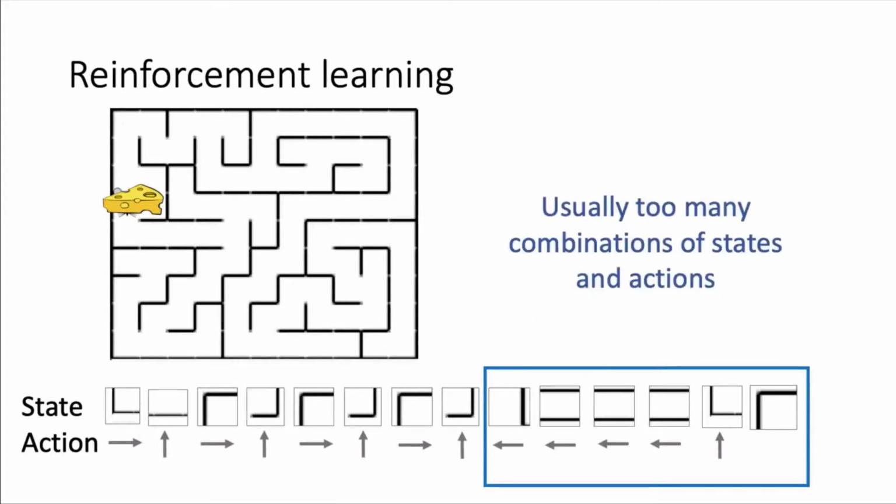However, in reality, the situations where we use reinforcement learning are the kind where there are so many combinations of states and actions that it's unfeasible to specify enough sequences and actions that lead to rewards, because the rewards are so infrequent.